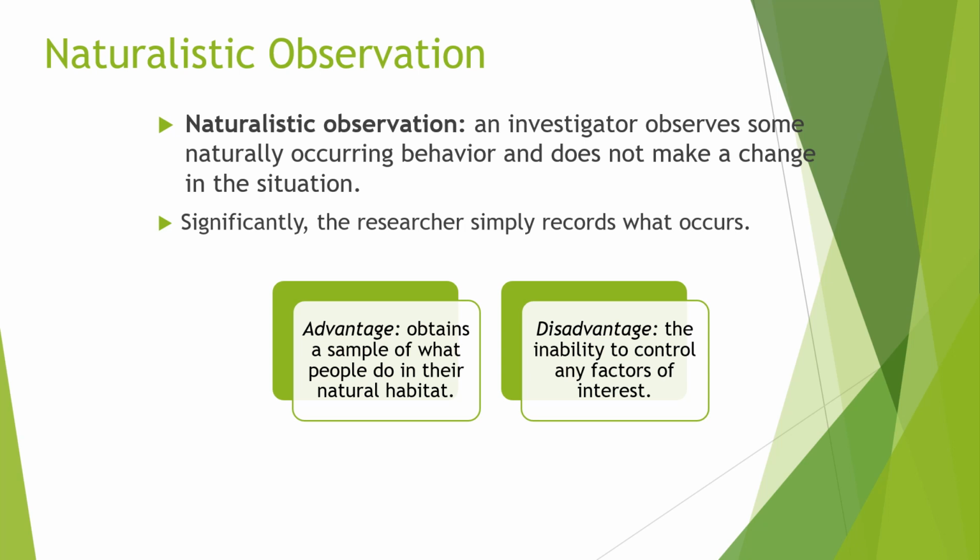Because you do not want the individuals to know that you're conducting research on them, you lose a lot of control in doing that. So you have both an advantage where you're going to get really true behavior, but a disadvantage in that you don't know what type of behaviors you're necessarily going to get. You lose a lot of control in that.